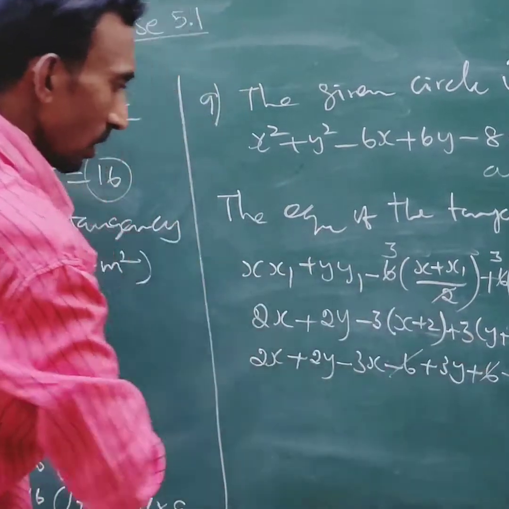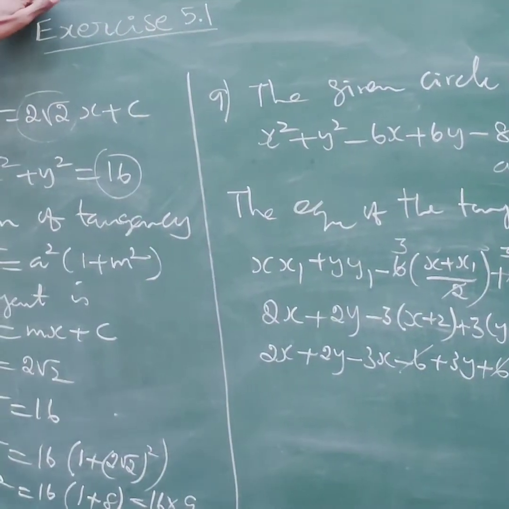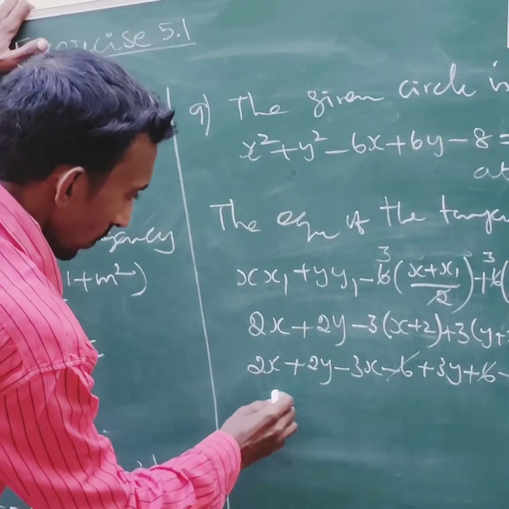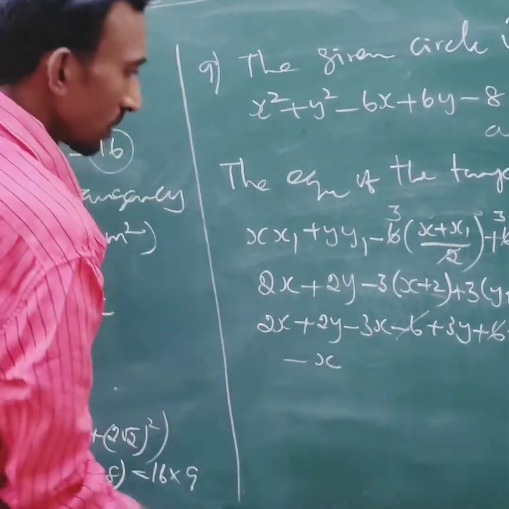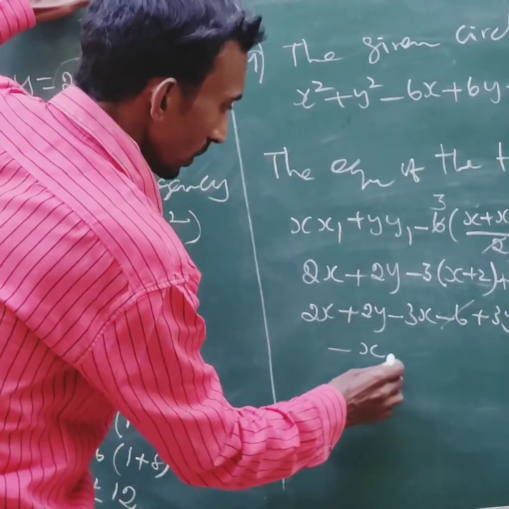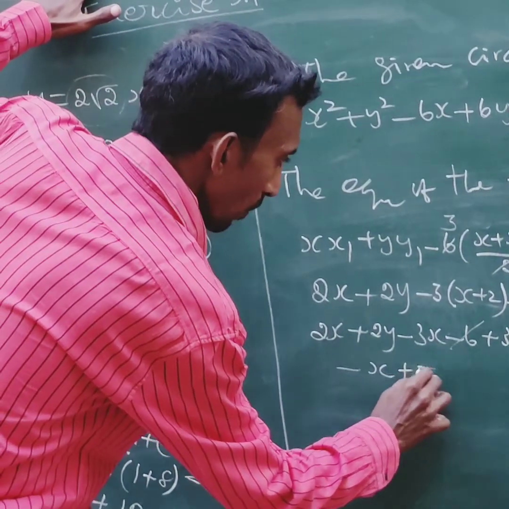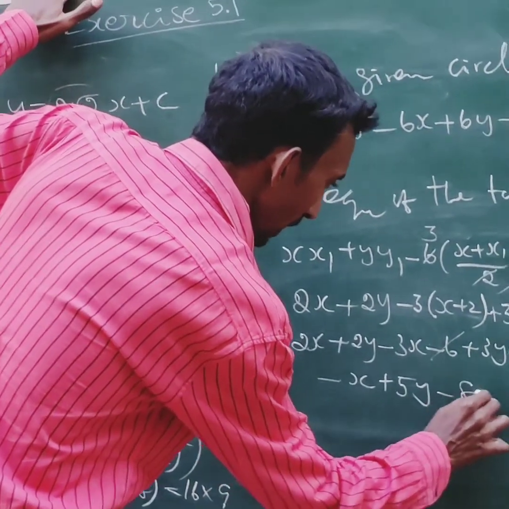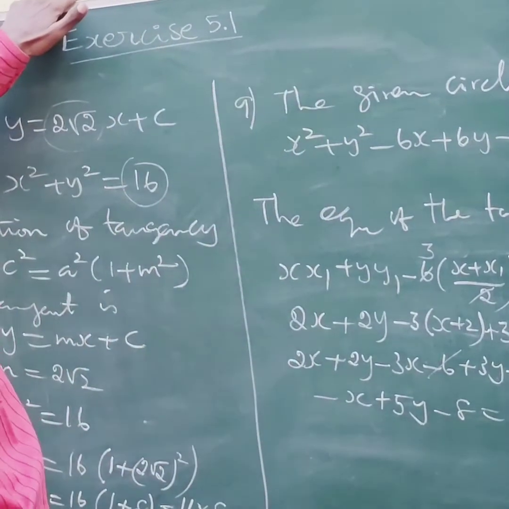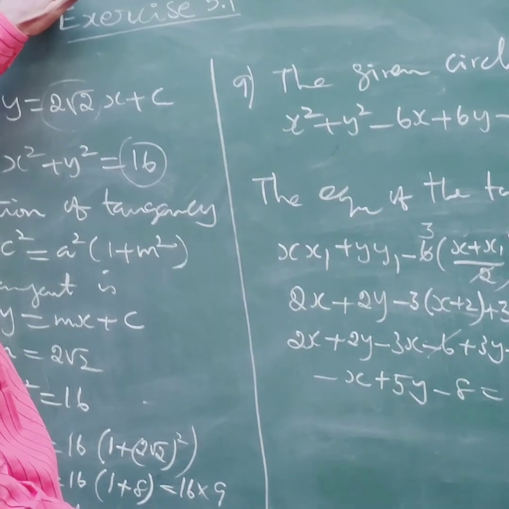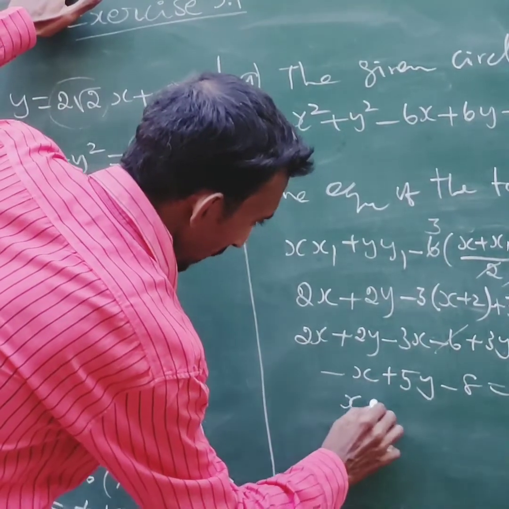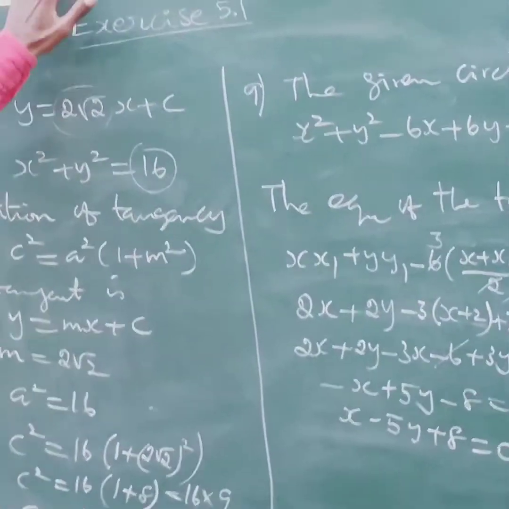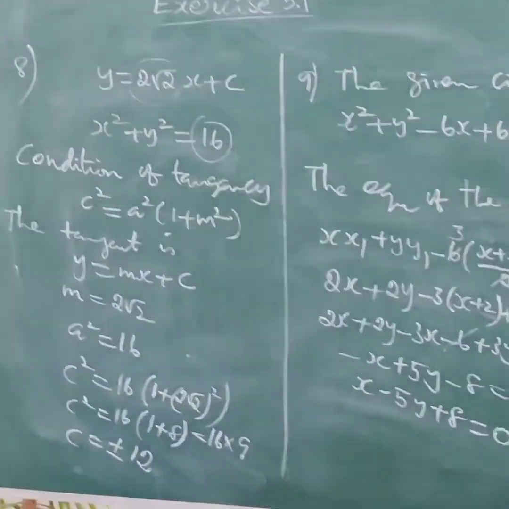These values cancel. Now combine: minus x plus 5y minus 8 equal to 0. We can change the sign by multiplying by minus 1 on both sides. We get x minus 5y plus 8 equal to 0. This is the equation of the tangent.